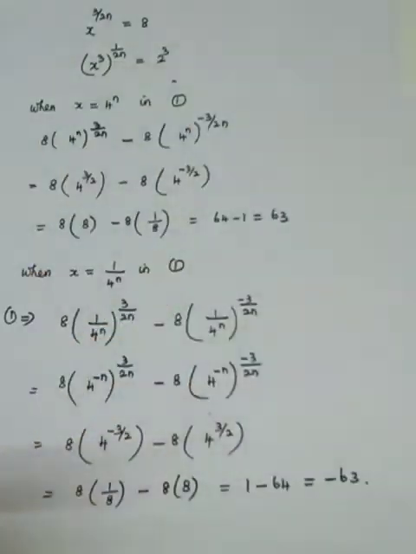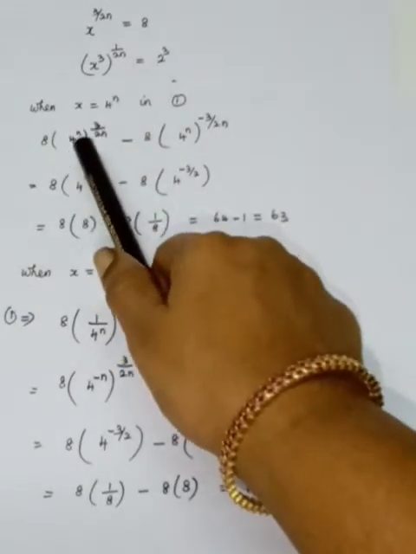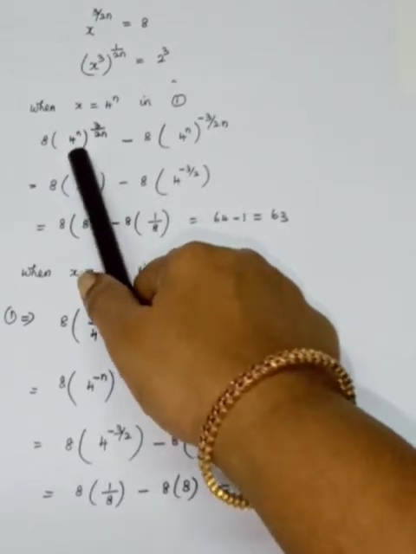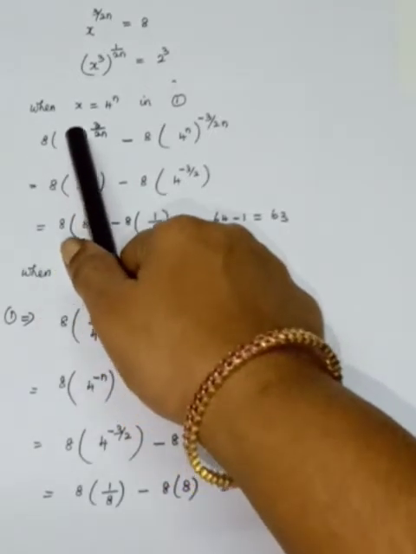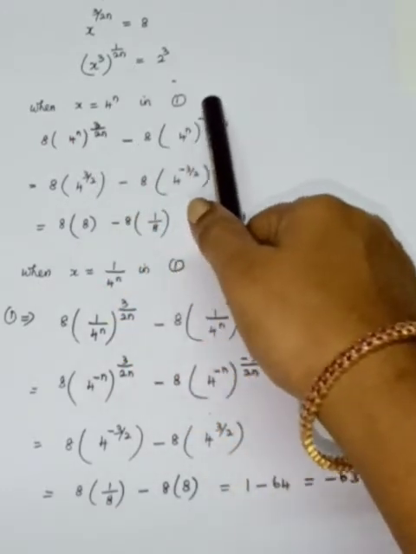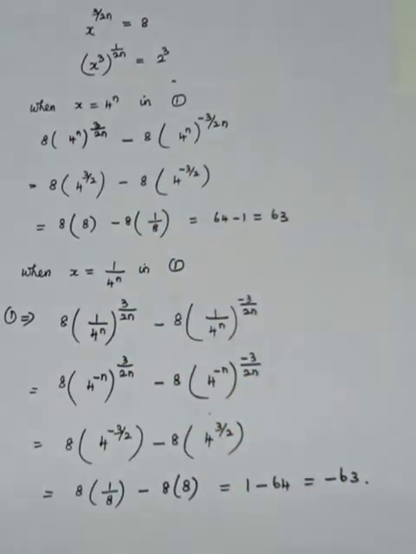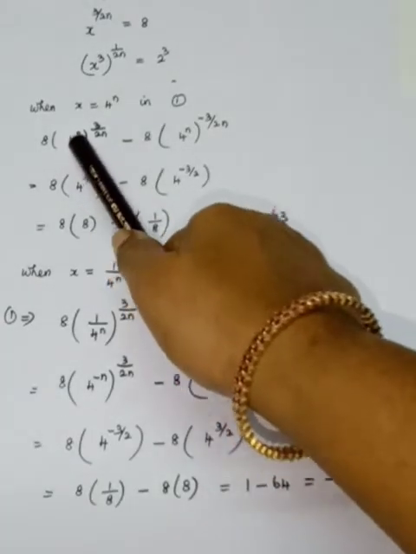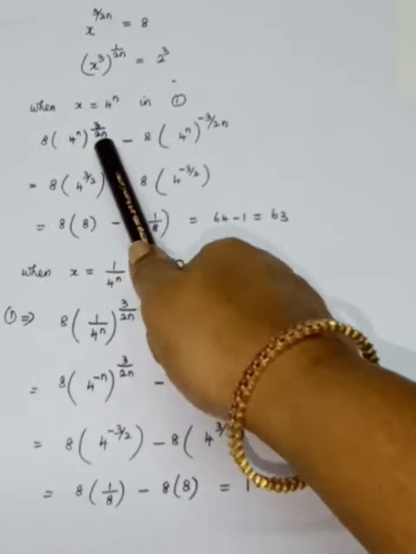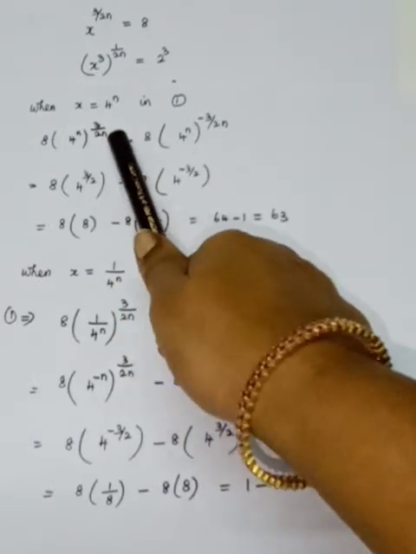In the place of x I substitute 4 power n. So 8 into 4 power n the whole power 3 by 2n minus 8 into 4 power n to the power minus 3 by 2n. This n and the n in the denominator both get cancelled.